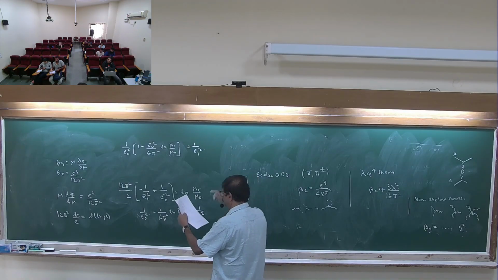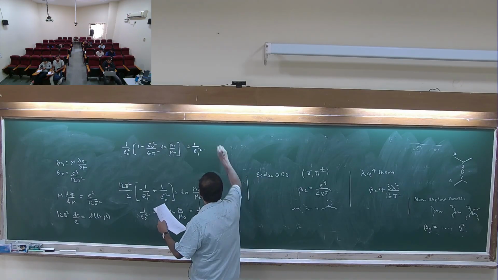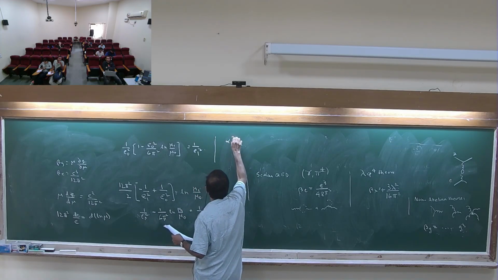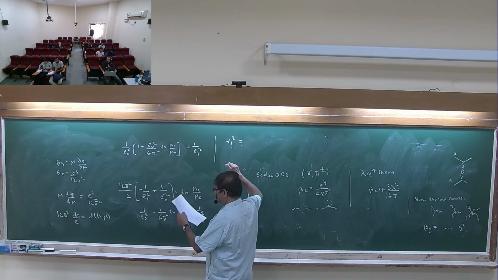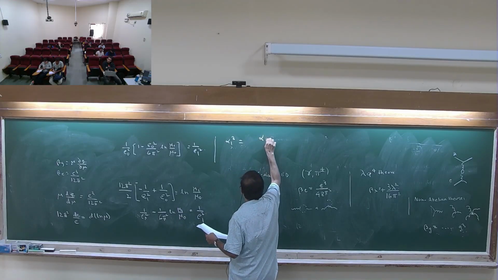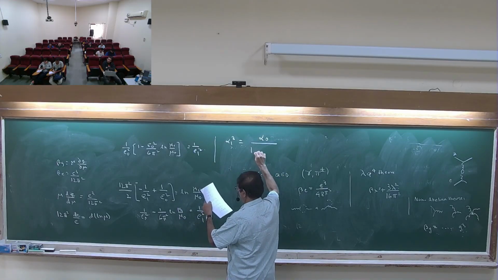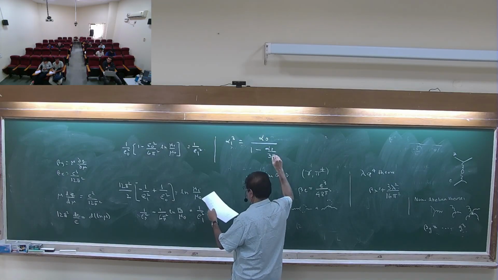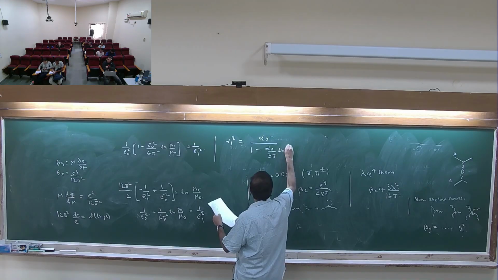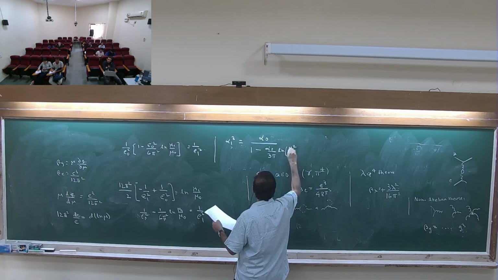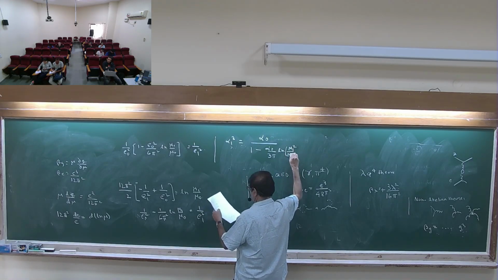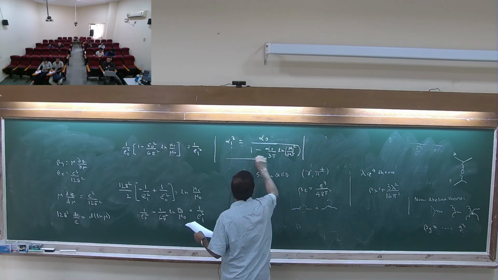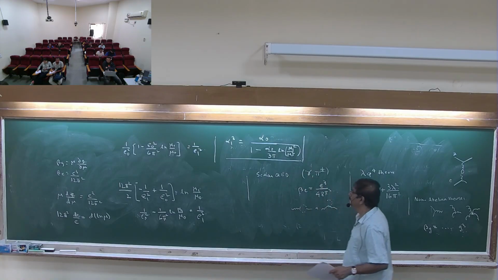If I multiply and divide and so on, you will find one way in which results are always given in textbooks: alpha 1 squared is given as alpha naught divided by 1 minus alpha naught by 3 pi times log of m1 squared by mu naught squared, the square of the momenta. So this is one common way in which solutions are given.